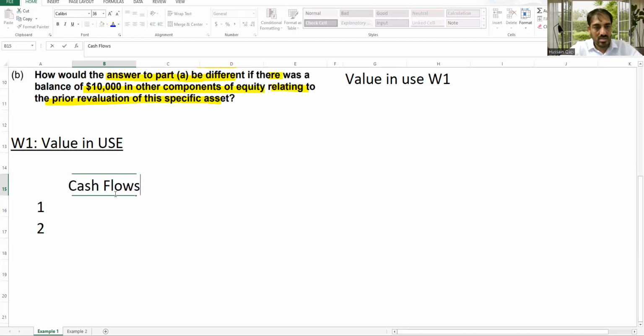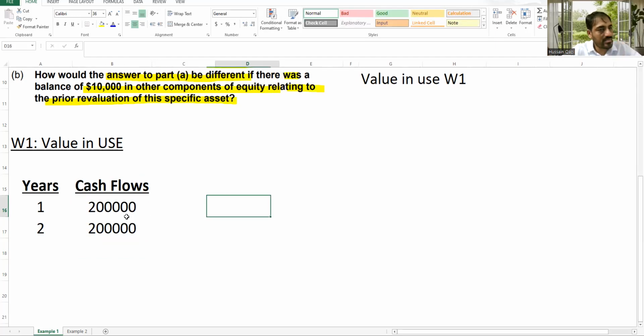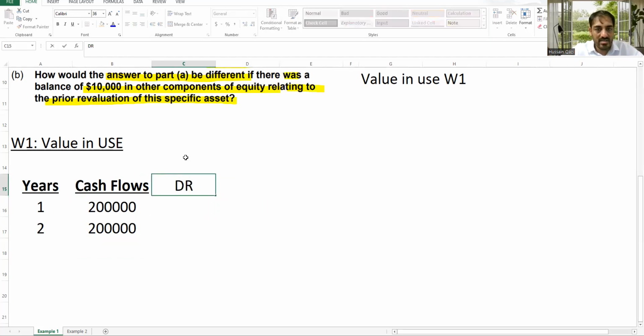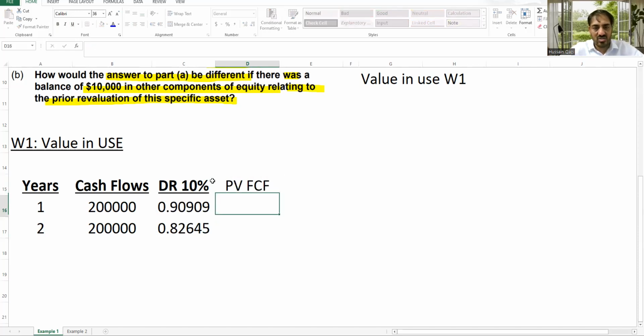The cash flows are 200,000 in each year. The discount rate mentioned here is 10%. The 10% is the discount rate, so the discount factor is 1.10 to the power of minus the year, and then the present value of future cash flows is this multiplied by this.